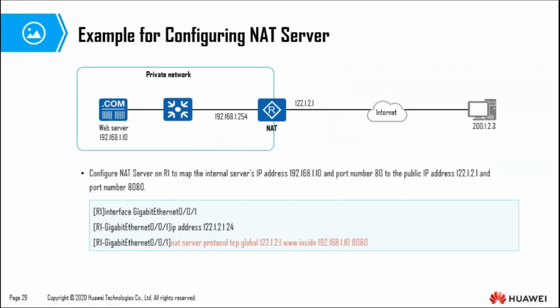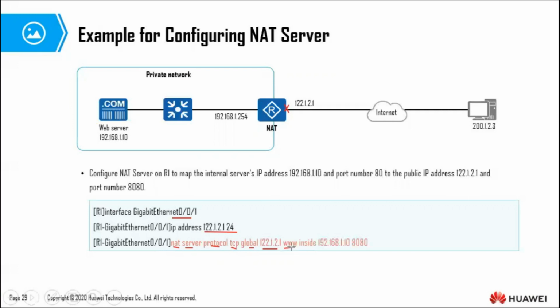So how do we configure NAT server? You go into an interface and give it an IP address. We've just given this interface here an IP address. Then the command is nat server protocol. The protocol we're using is TCP, then global, then the public IP address, then the service.